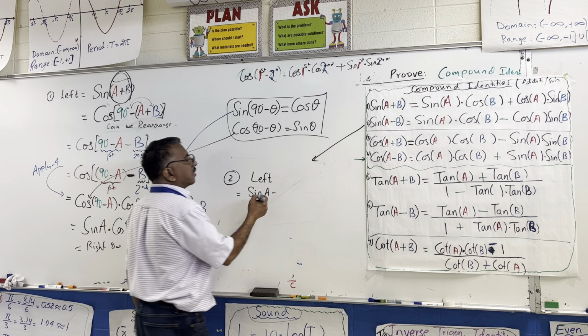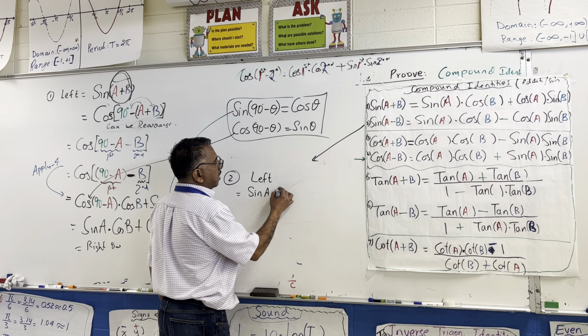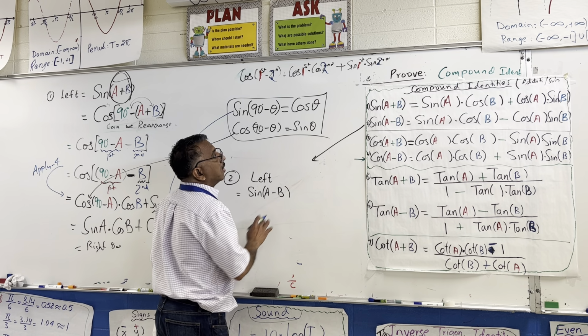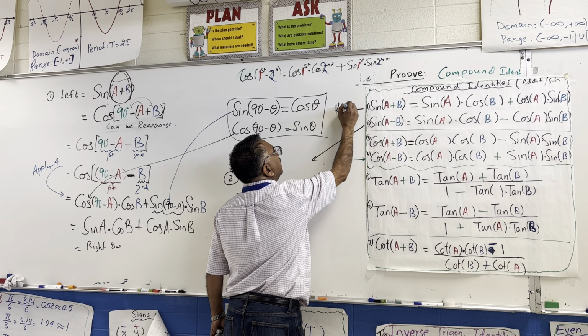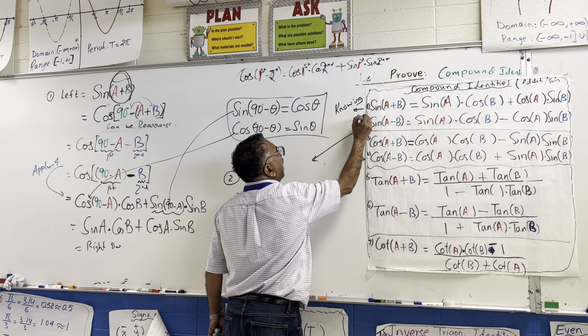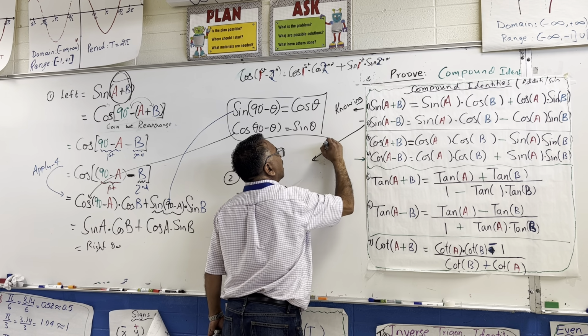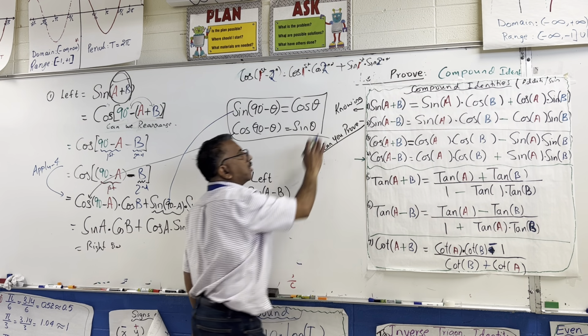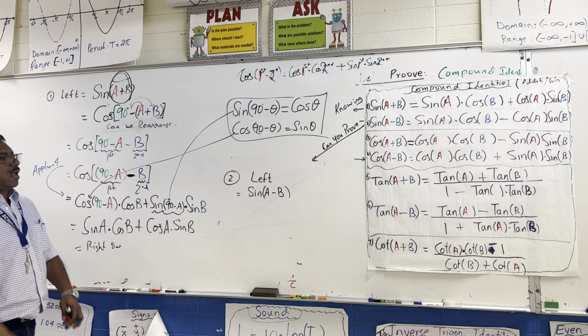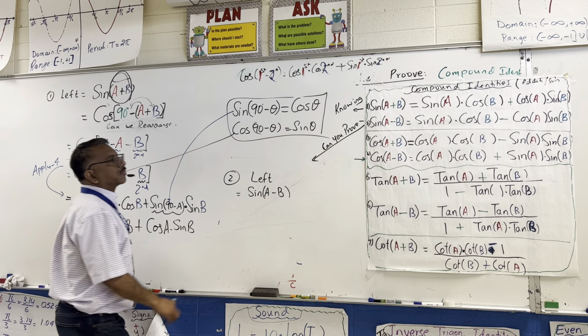The second one is sine of A minus B. Now knowing this formula, can you prove the second one? Now that you already know the first, how do I prove the second?